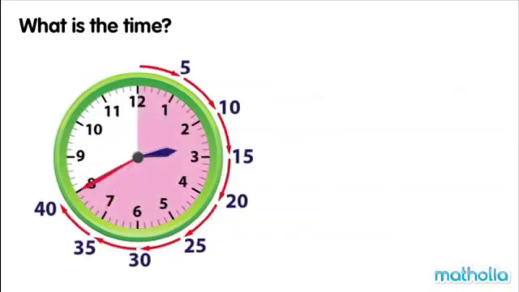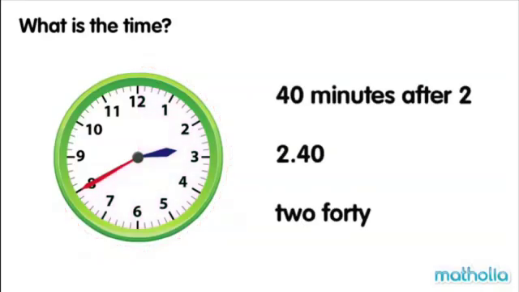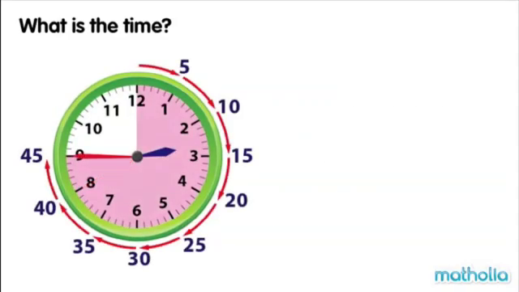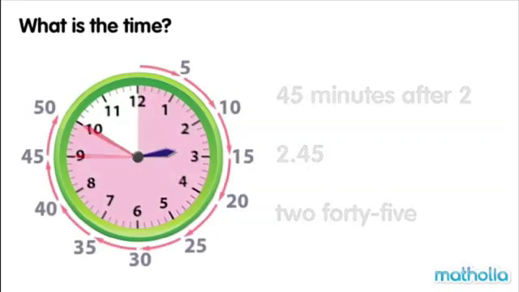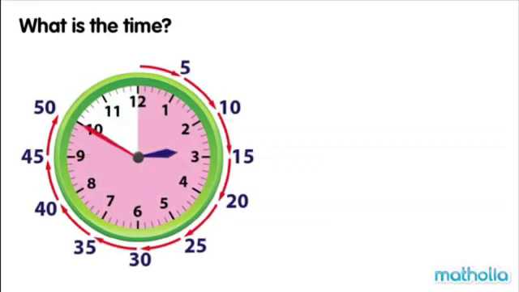40 minutes have passed. What's the time? 40 minutes after 2. It's 2:40. 45 minutes have passed. What's the time? 45 minutes after 2. It's 2:45. 50 minutes have passed.